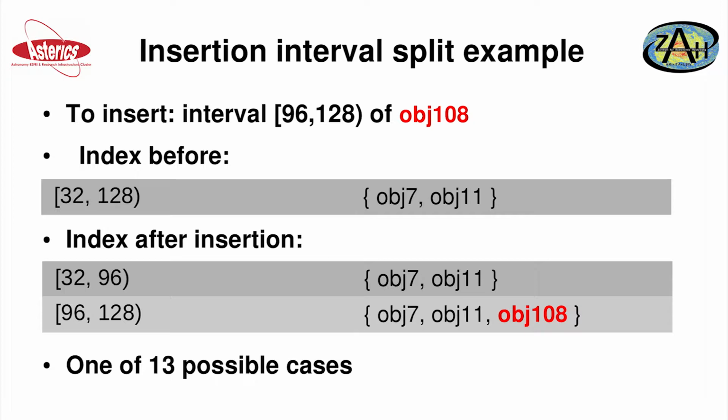and afterwards, it goes from 32 to 128, and from 96 to 128 we have also the object 108 that has elements there, and this means that the correct index after the insertion looks like this.